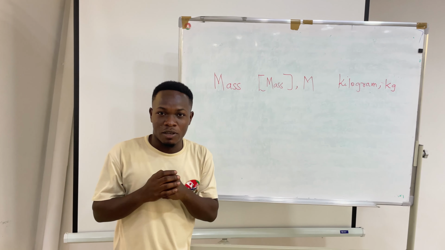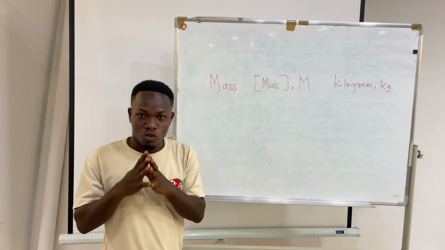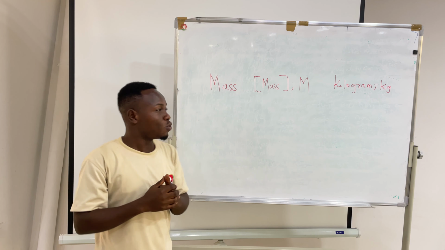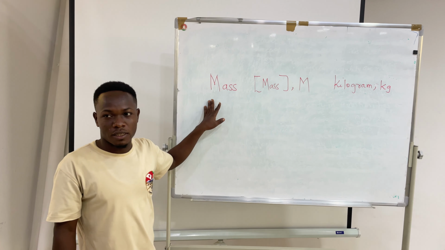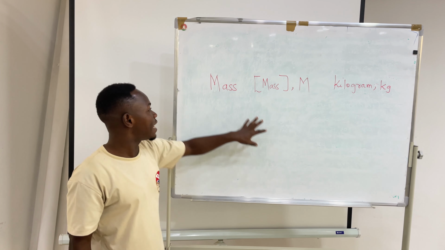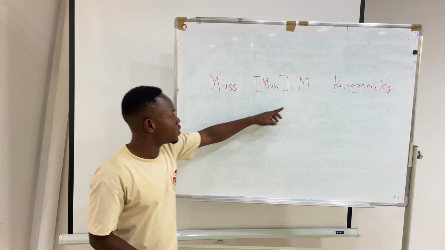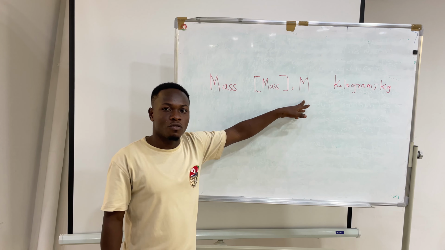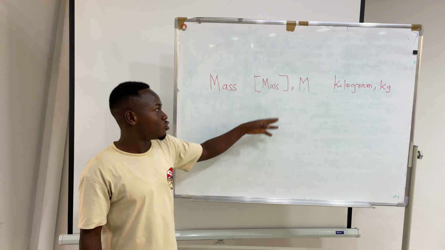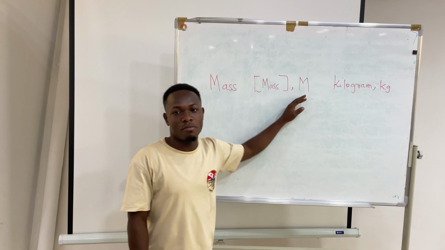The concept of dimensions is a bit technical, and like I said, a bit elusive to understand, but I'll do my best to explain it to you. So here's the physical quantity, and here's the dimension of the physical quantity. The dimension of a physical quantity is illustrated by putting that physical quantity in square brackets or by representing it with the dimensional symbol. So this is the dimensional symbol for mass. If I want to show the dimensions of mass, I write mass in square brackets or write this symbol M here.